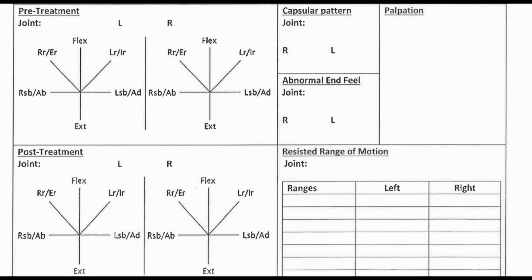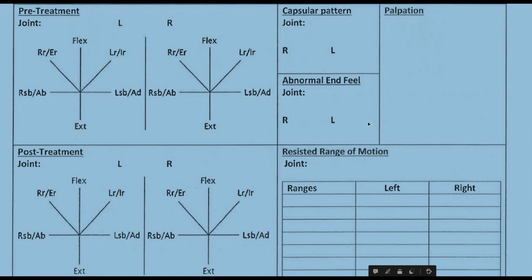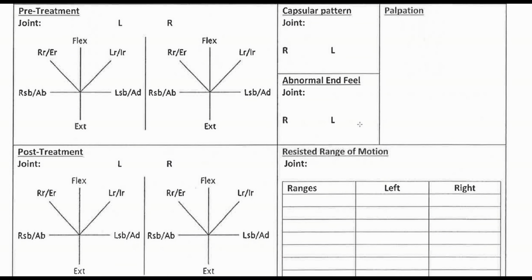If we say they can't complete it because it's too tight, it's not painful, it's too tight, then you need to chart as abnormal end feel, left abduction, whatever motion, I'm just giving an example, tissue stretch. It's nothing to do with pain. You actually were able to feel the tightness. It was just too tight that it couldn't complete full range of motion.